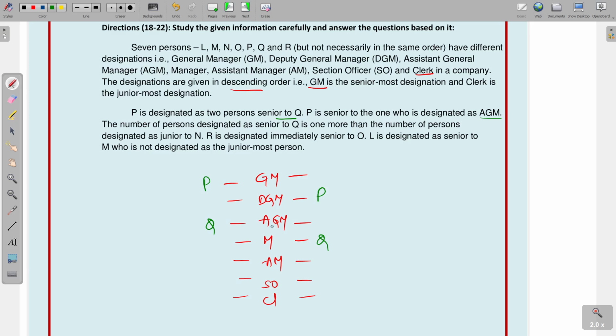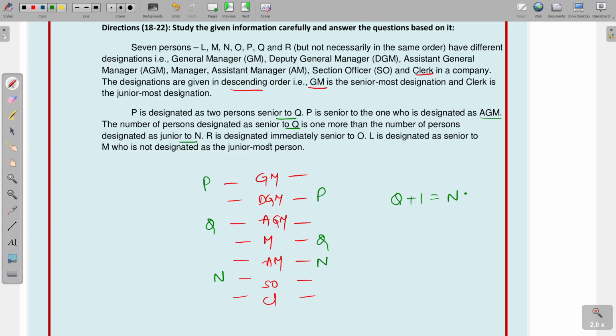P is senior to AGM and P is also 2 persons senior to Q. Next point, the number of persons designated senior to Q is 1 more than the number of persons designated junior to N. So here senior to Q is 3 persons and junior to N is 2 persons, and in the other, senior to Q is 2 persons and junior to N is 1 person.